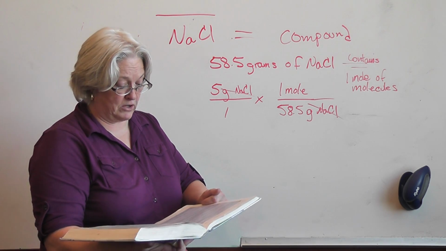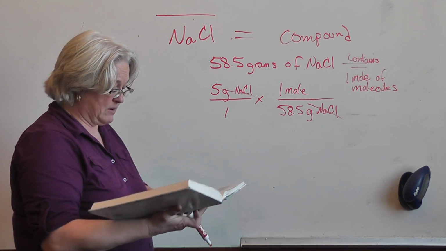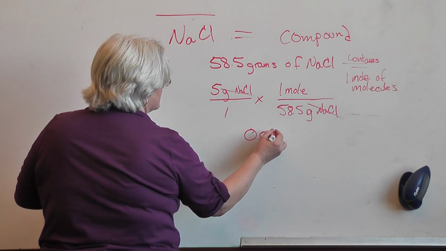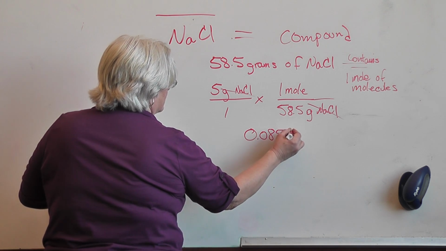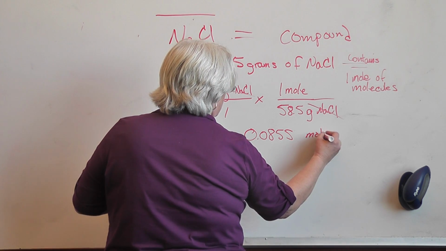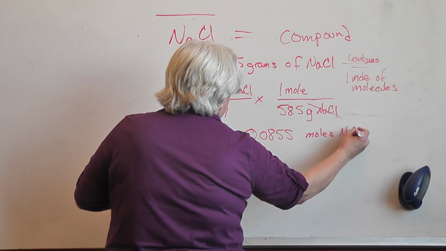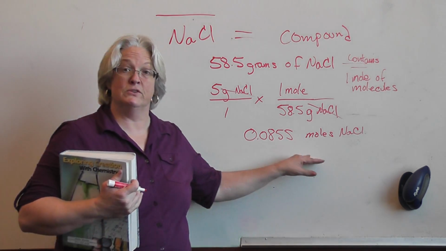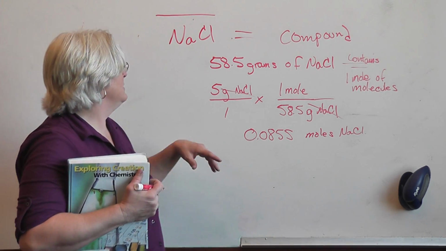You plug that into your calculator and you have 0.0855 moles of sodium chloride. Why did I do 0.0855?